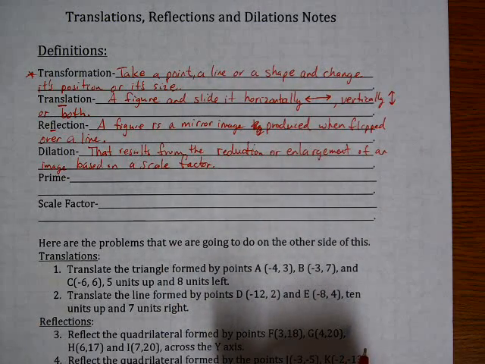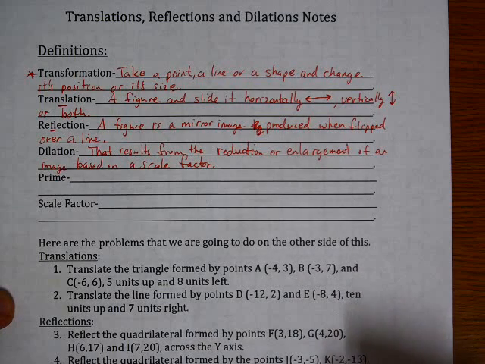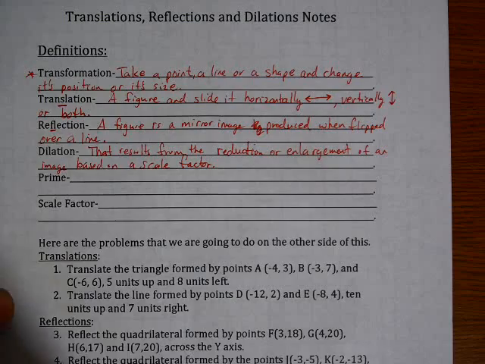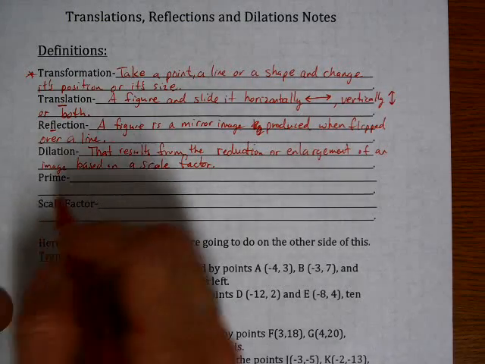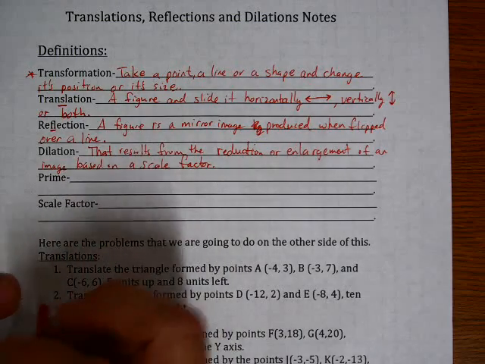So, dilation results from the reduction or enlargement of an image based on a scale factor. We'll do the definition for scale factor here in a minute, but let's do prime first, because that's something we need to know what that means.